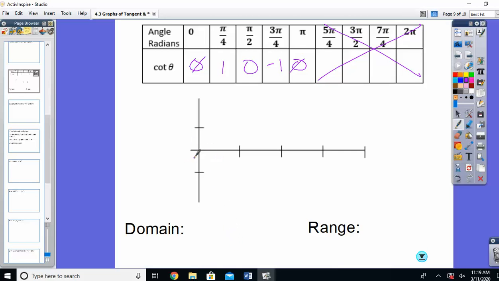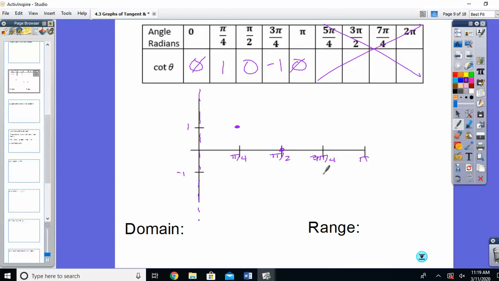Alright, so I'm going to put my points. Got my pi over 4, pi over 2, 3 pi over 4, and pi. When it's undefined, we put a vertical asymptote. Pi over 4, the point was 1.